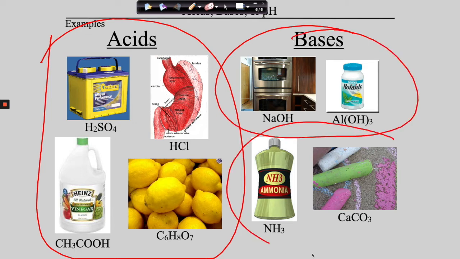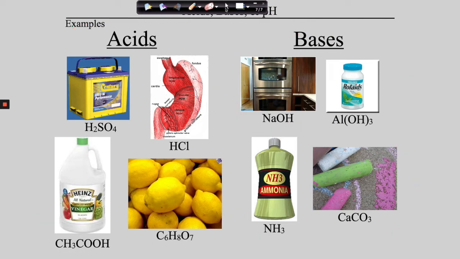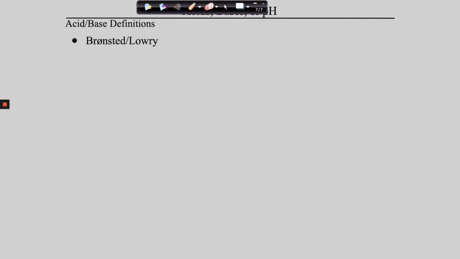Well, what about these bases down here that do not contain OH? How do we explain that? That then leads us to the work of another set of scientists. These guys actually didn't work together, but they did the same work, so they both get credit. Their names are Bronsted and Lowry.